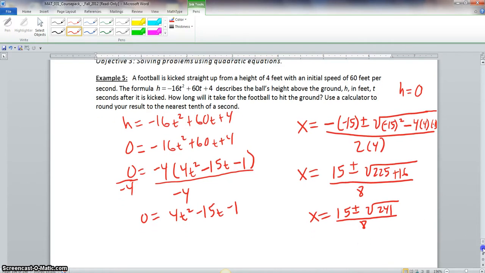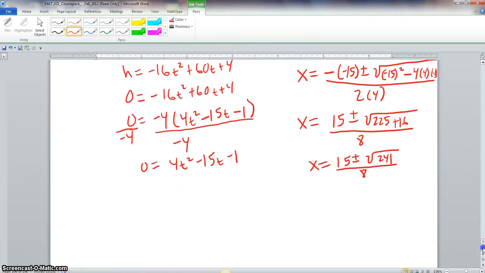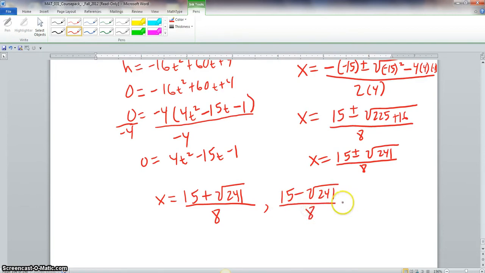Now, they want you to calculate this and round it to the nearest tenth of a second. So what we need to do is write this out as 15 plus the square root of 241 all over 8, and then also 15 minus the square root of 241 all over 8.